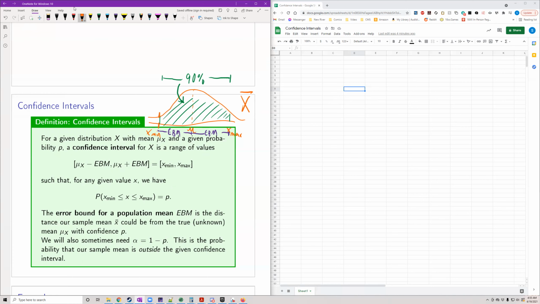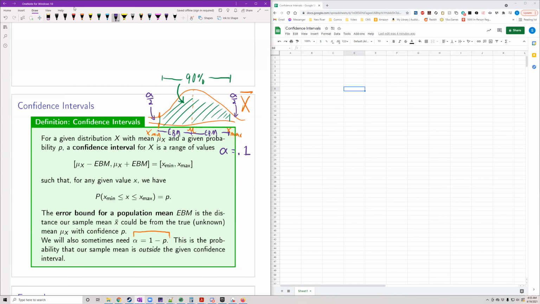We'll sometimes use alpha as a variable to represent the missing parts. So in this specific example, our alpha would be 0.1 or 10%. 90% is inside the range, so 10% is outside the range. The tails on each side will always have alpha over 2 as the proportion of the data.